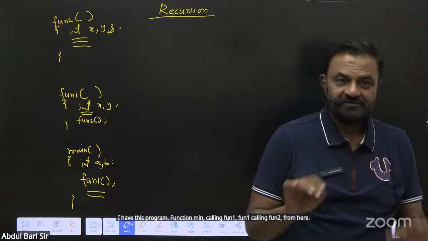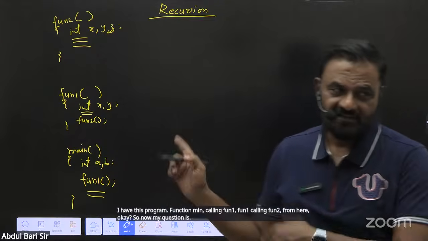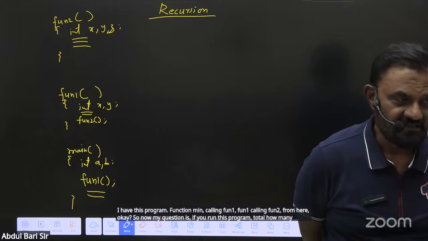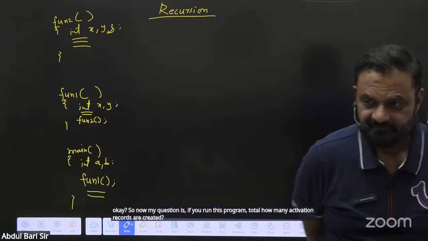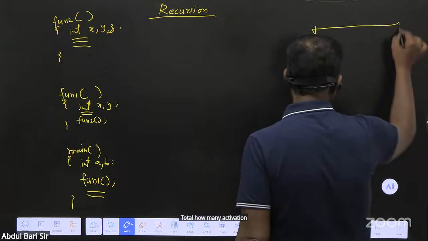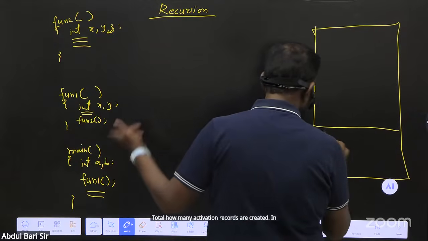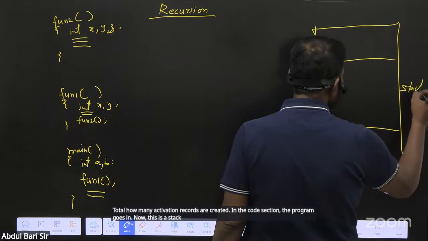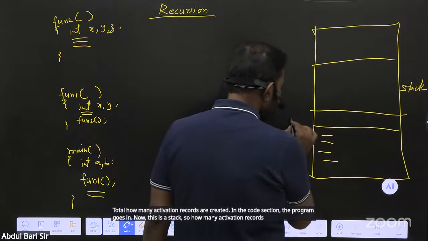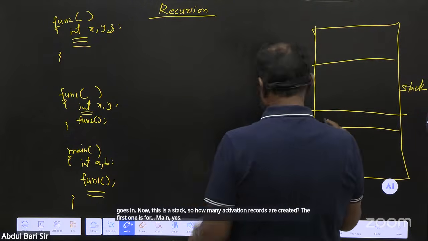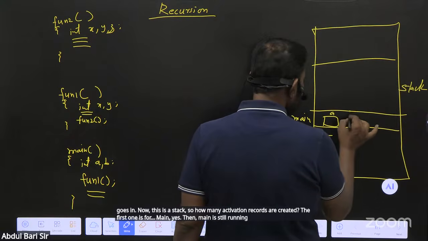Now my question is, if you run this program, how many activation records are created in total? In the code section, the program goes in. Now this is a stack. The first one is for main. Main is still running, and it has its variables a, b.